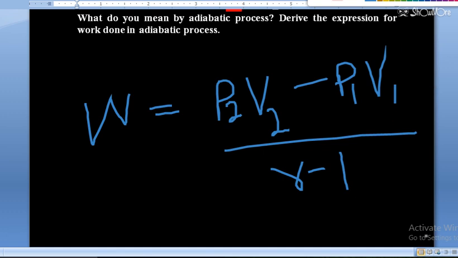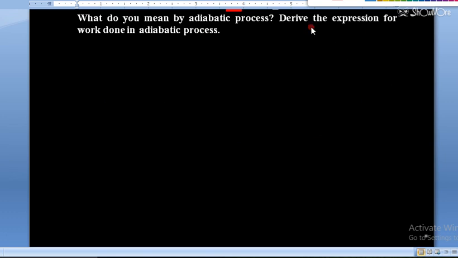If you write P2 V2 first, then in the denominator it will be gamma minus 1. If you write P1 V1 minus P2 V2, then it will be 1 minus gamma. So this is the expression for work done.